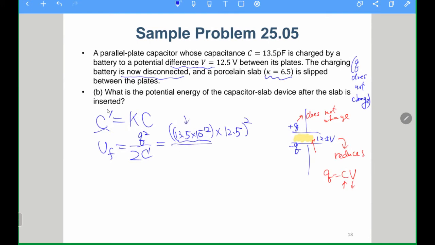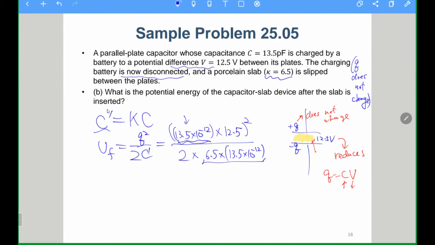But here we should use C prime because this is the final capacitance. So times kappa, 6.5, times 13.5 times 10 to minus 12.